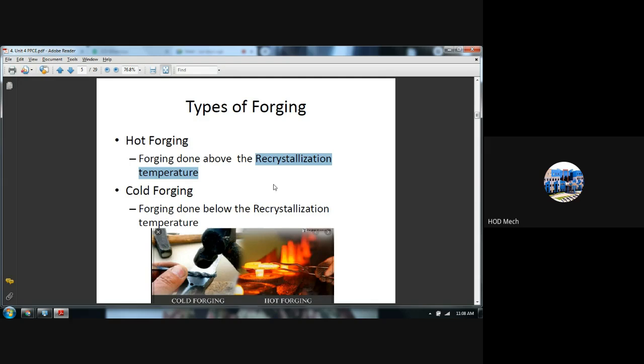Any metal you take, any material you take, will have its own crystal structure. When you studied physics, you might have studied different types of structure, body structure, FCC, BCC, simple cube.